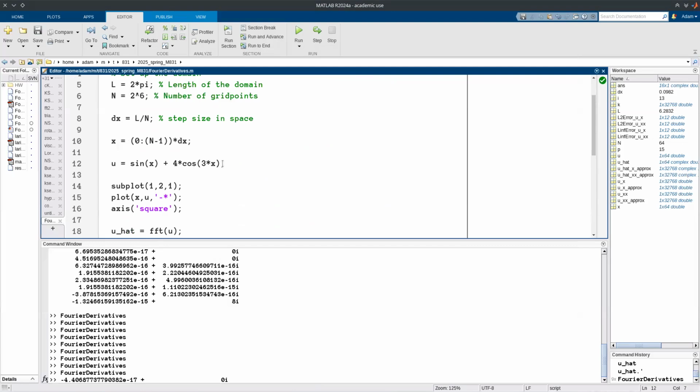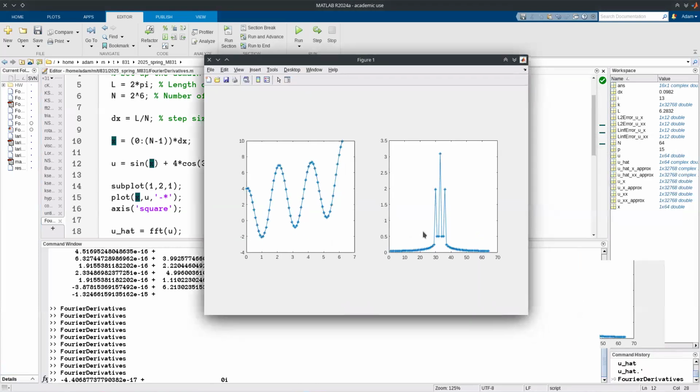Now, you might ask why I'm using sines and cosines. If I use something that's not a sine or a cosine like x, we normally think about x as a very nice function, but if I continue it periodically from minus pi to pi, and then I repeat it, it gets a big jump in the middle. And that jump is very hard for the Fourier transform to capture. So if I do something like that, I get all of this sort of noise showing up here all over the place.